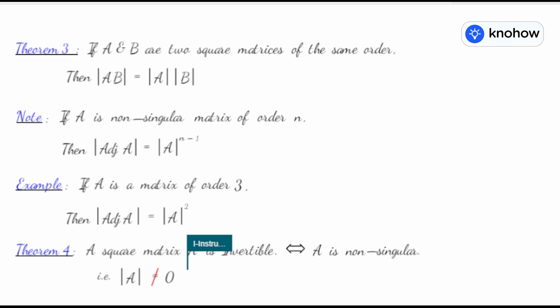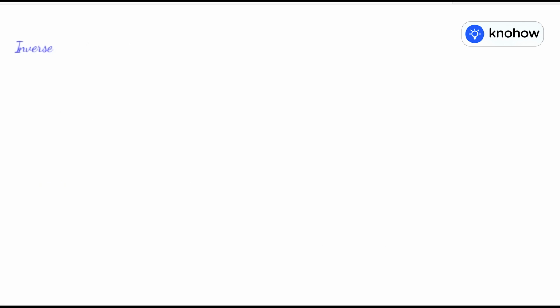And now finally, let us define numerically using adjoint and hence the matrix method, how do you find inverse of a square matrix, which is very important, and even we will have solving system of linear equations using the inverse, that is matrix method. It will be required. First of all, you note down the definition.